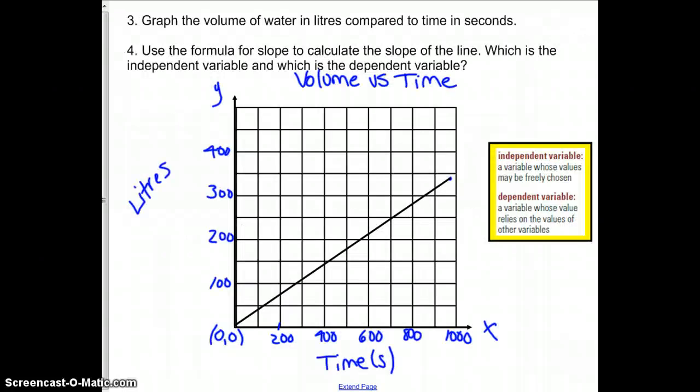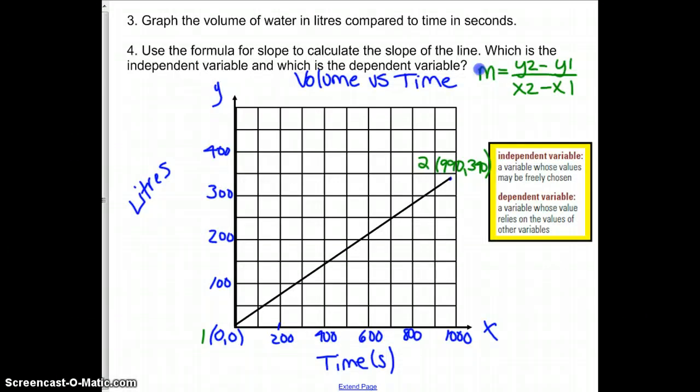Okay, then we want to look at number 4, which is we're going to find the slope of the line. Now slope, you can write this formula down, is if you have 2 points, we say y2 minus y1 over x2 minus x1, where we could say that this is our second point, where we have 990 as our x value and 340 as our y value. And our first point here could be the point 0, 0.